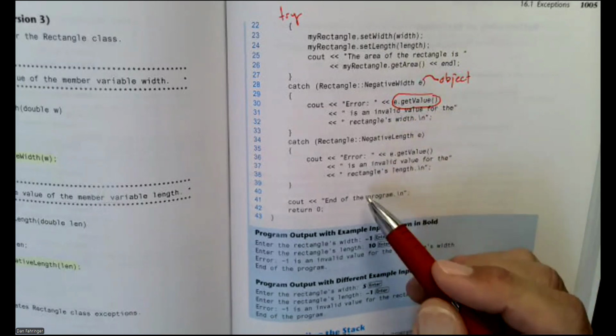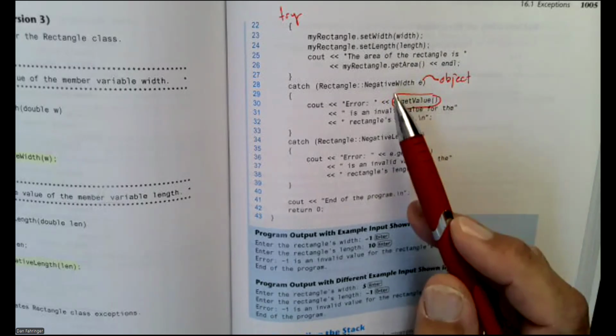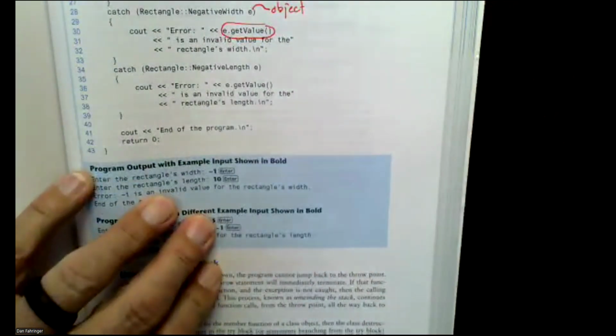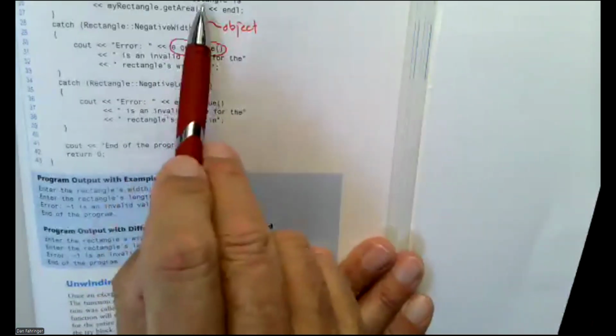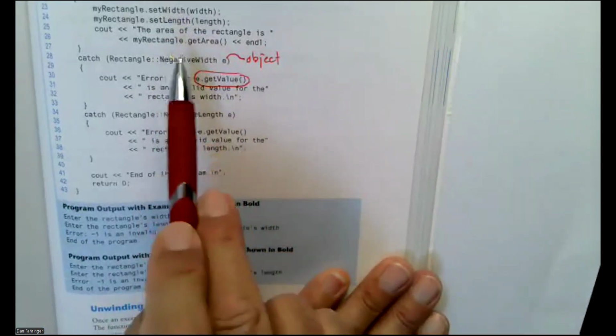So now, normally, like I said, if we had two classes, we would need a catch block. So over here, I'm going to do a catch block because again, this is going to be part of my try, just like set width and set length.